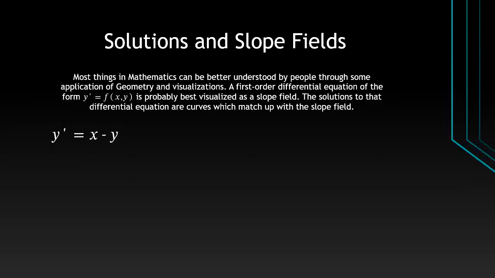That means that every point in xy space is associated with a particular slope. And since a slope is a geometric thing, you can draw a little line segment associated with each slope, and then you can create a very visual way of representing this differential equation.